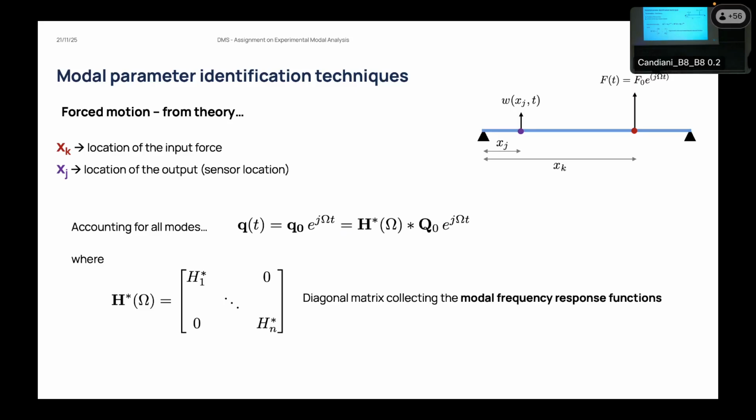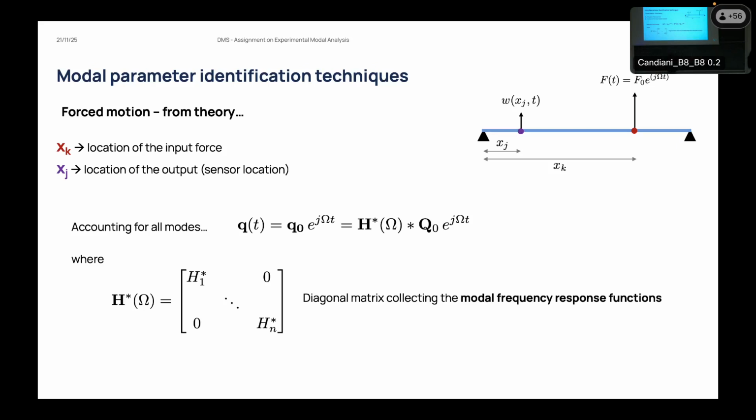And so we have that here the Q0 can be written as the matrix of the frequency response function times the vector Q0, where the matrix of the frequency response function, since we are in the modal approach and all the equations are decoupled, will be just the frequency response function of the first mode placed over the first diagonal up to the frequency response function of the n-th mode.